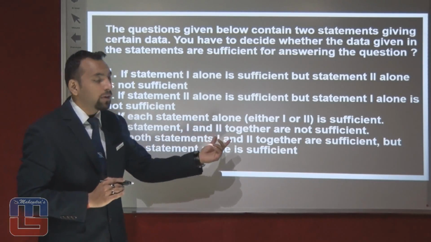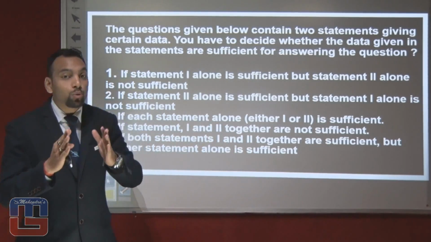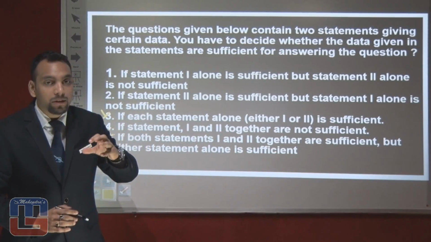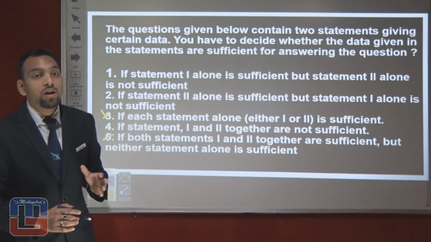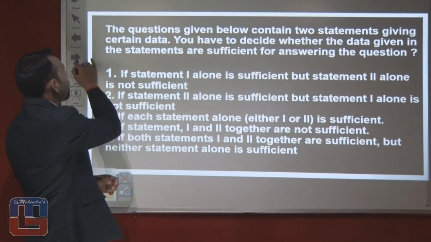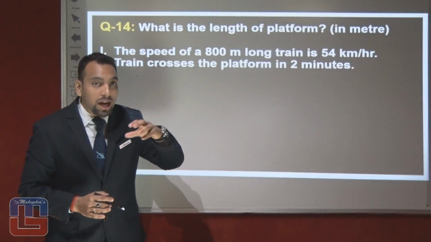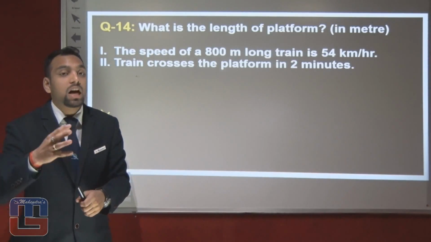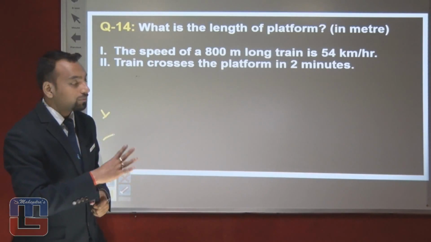If both the first and second statements together are sufficient, we will go by the fifth one. Neither statement alone is sufficient. So the answer will be that both statements together are sufficient to give the answer.